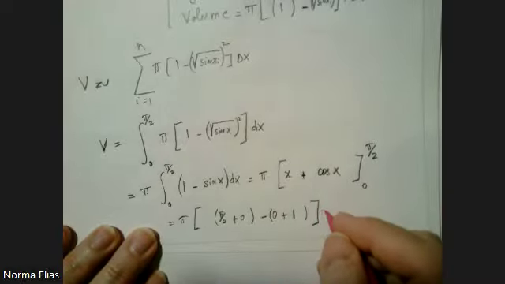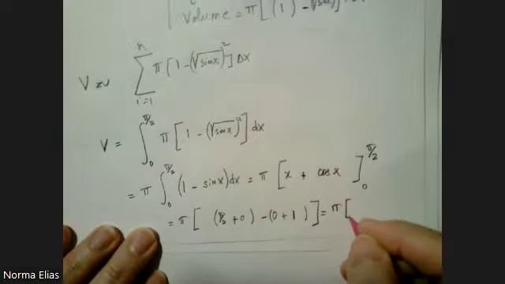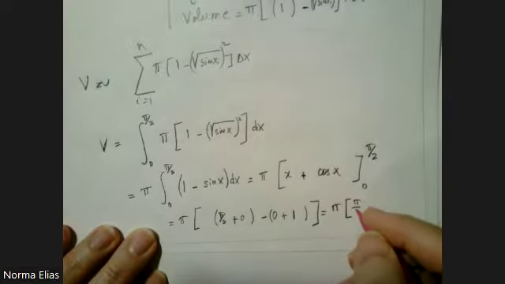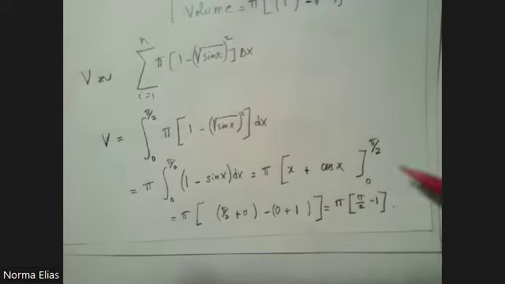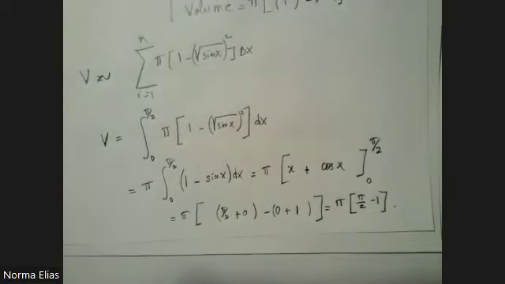So finally, I will have pi times pi over 2 minus 1. And I know it's a positive number because pi is 3.14, divided by 2 is more than 1. So this is definitely positive. Always look at the answer. If you see something negative, it means, of course, we're doing something wrong. Any questions before I move on to number 58?